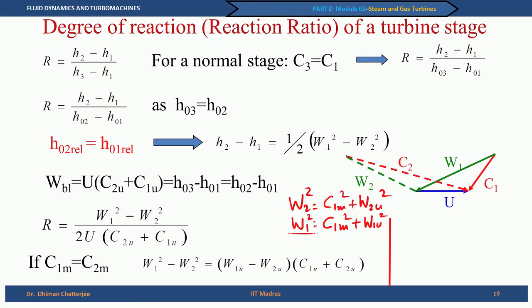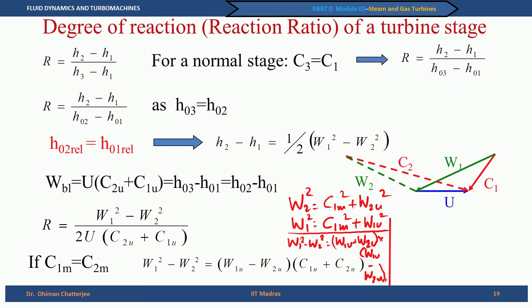So, if you subtract it out, what you get is W1 square minus W2 square will be (W1u plus W2u) multiplied by (W1u minus W2u). So, this is what we obtain.